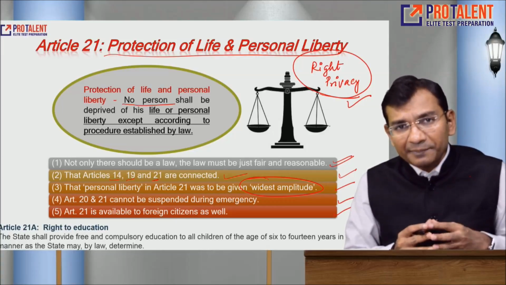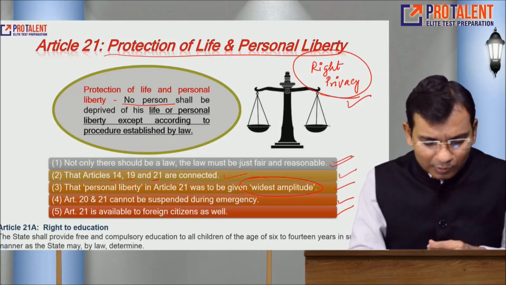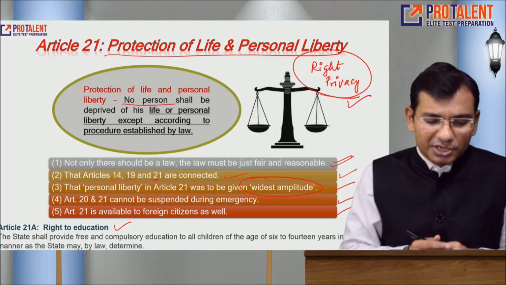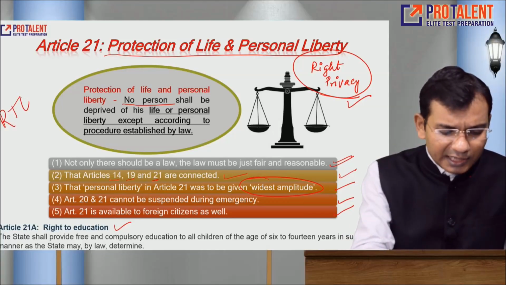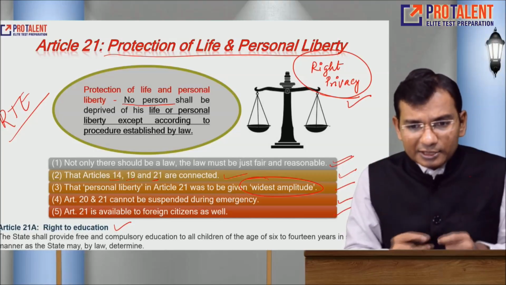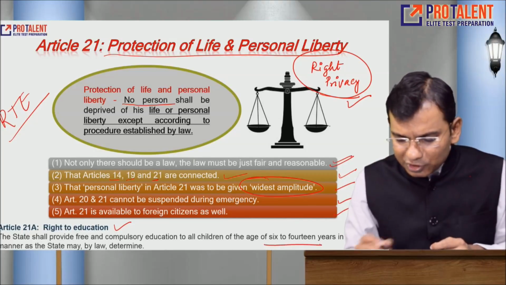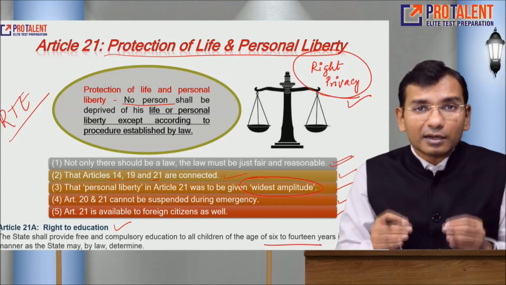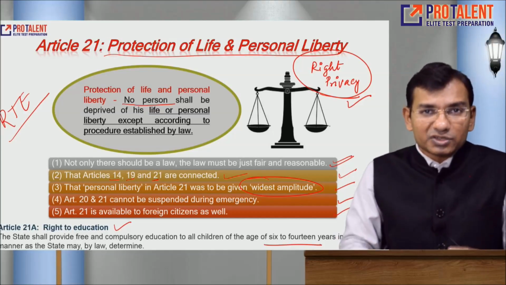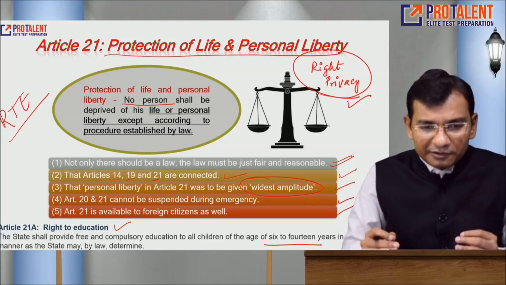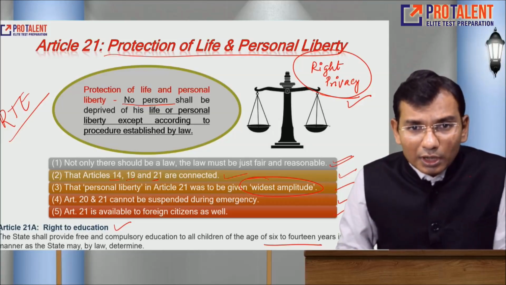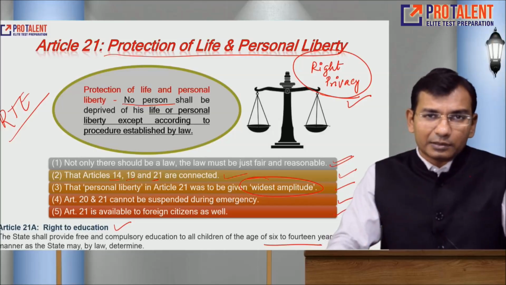Article number 21 में एक अमेंडमेंट किया था हमने, और उसके द्वारा आर्टिकल नंबर 21 ए लेकर आए थे, जिसका नाम है राइट टू एजुकेशन, आरटीई. आरटीई भाई 6 साल से 14 साल के बच्चों के लिए फ्री एंड कंपल्सरी एजुकेशन is a part and parcel of right to life, okay, and therefore this is called right to education, which is a part of article number 21.